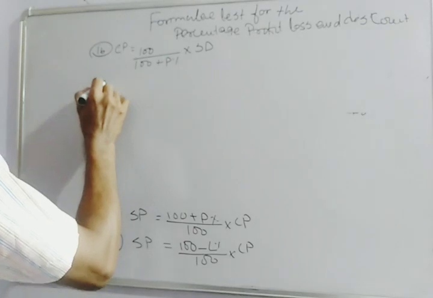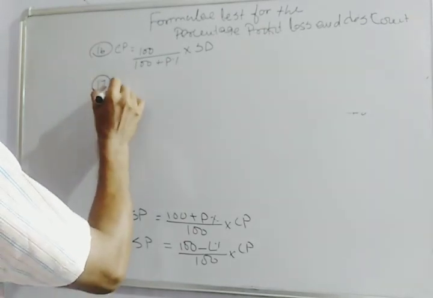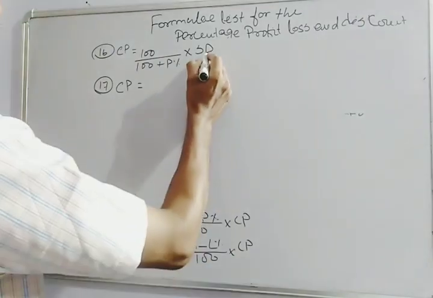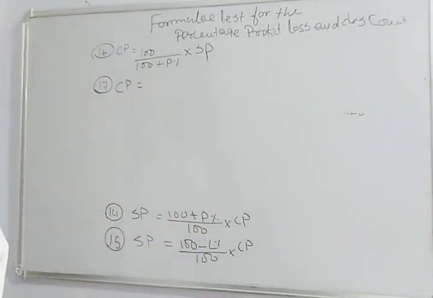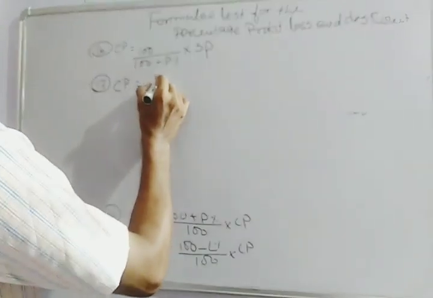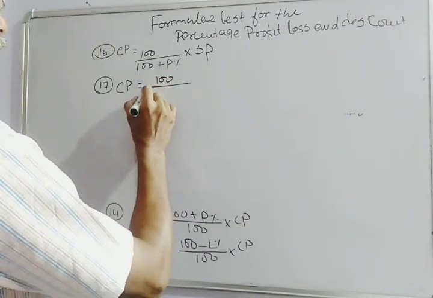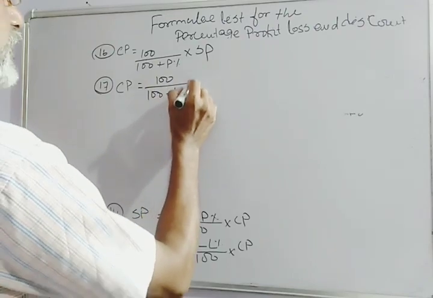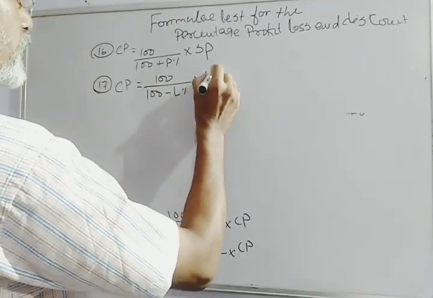Then number 17, to find out the cost price when selling price and loss percentage are given, 100 by 100 minus loss percentage into selling price.